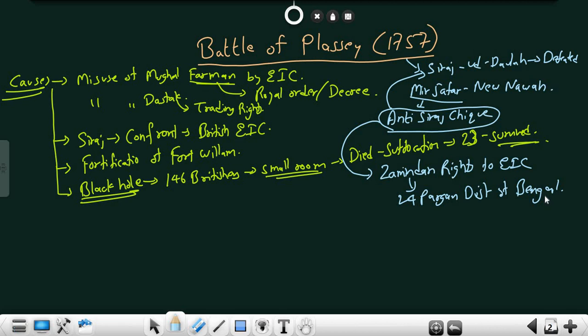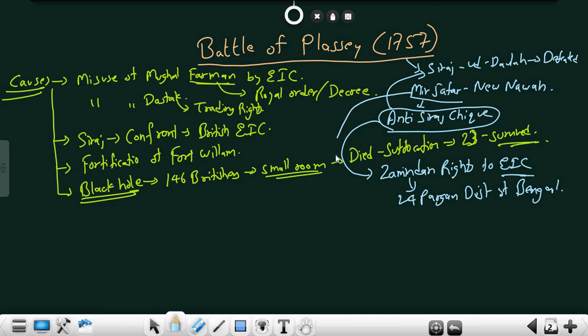But after some time, Mir Jafar started to become authoritative, and at the same time he was unwilling to continue his administration under the British East India Company.